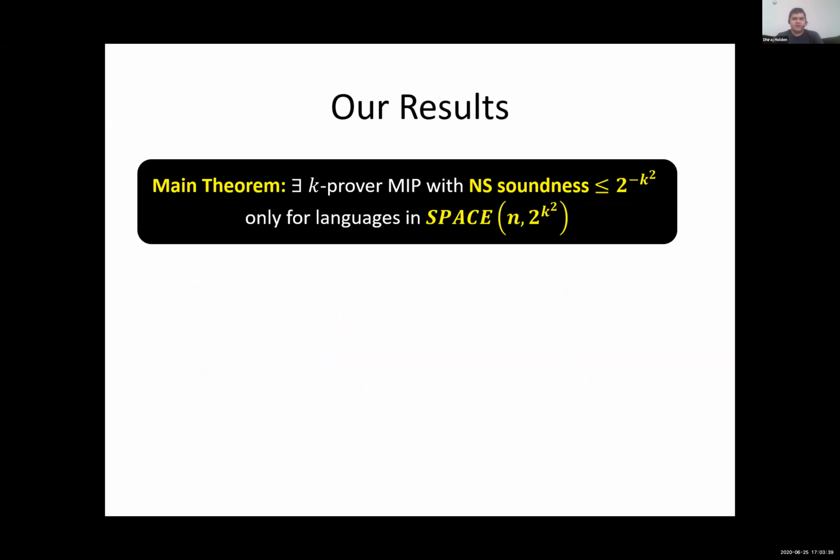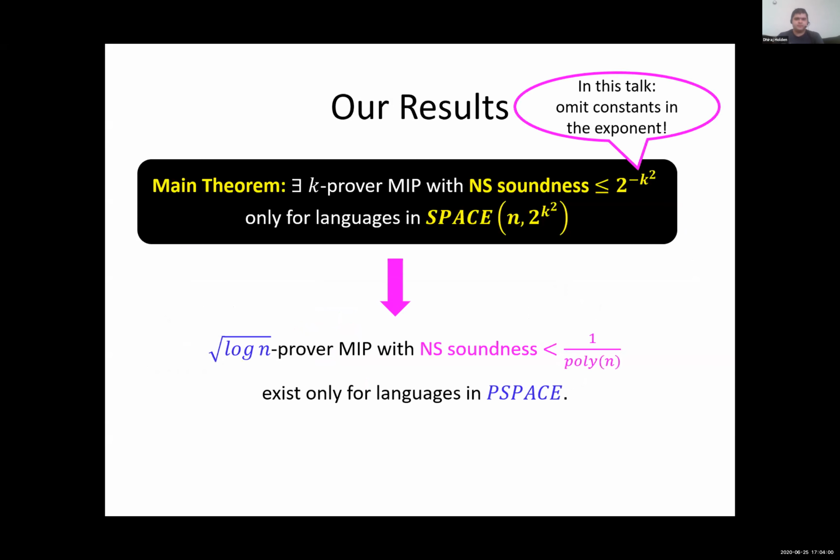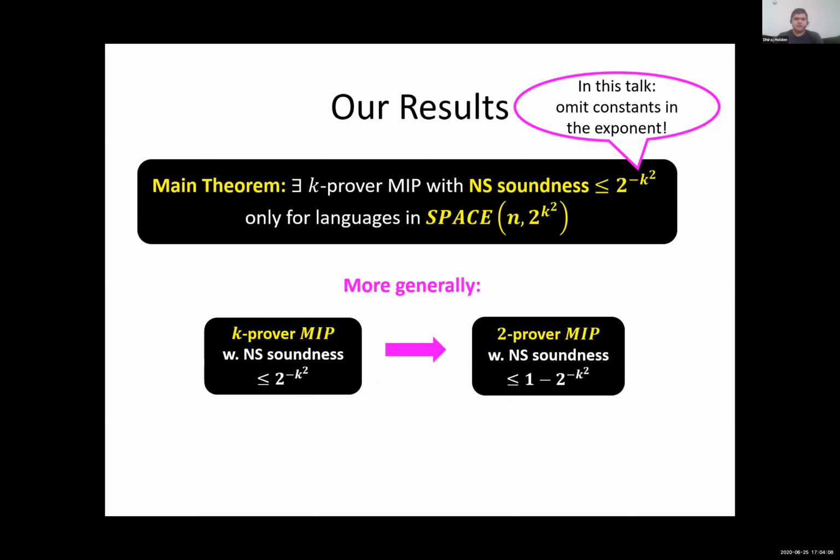So the main theorem is that a k-prover MIP with non-signaling soundness smaller than 2 to the minus poly k squared only exists for languages in space poly n and 2 to the k squared. This implies that a square root log n prover MIP with negligible soundness only exists for languages in p-space.